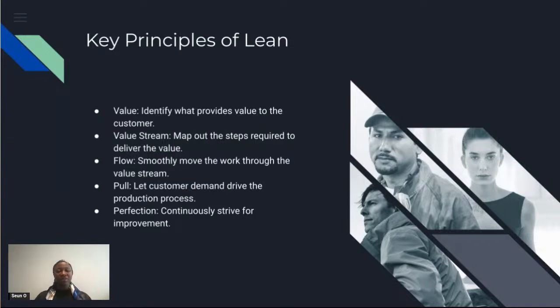So on Amazon's end, value is, at the end of the day, delivery of any particular good that the customer has deemed worthy to buy. So Amazon will say, to provide value for this person, we want to create a value stream, that is, map out the steps required to deliver this value.